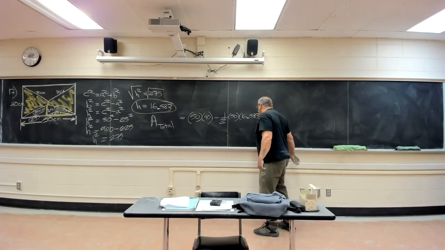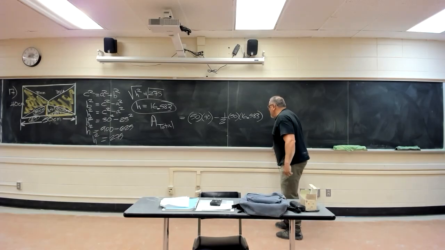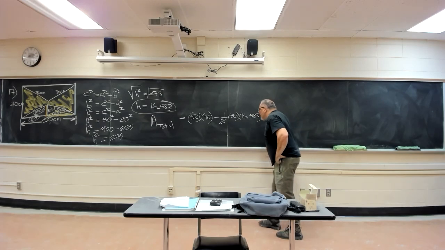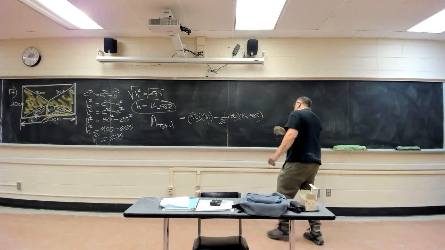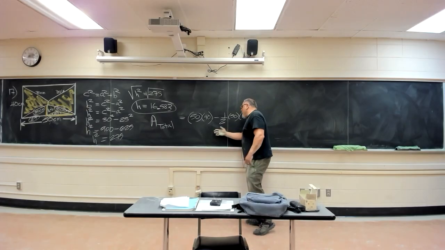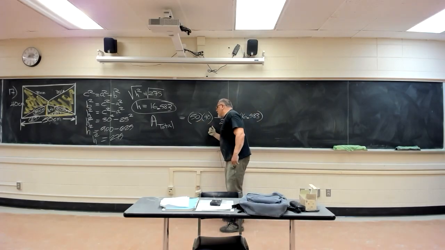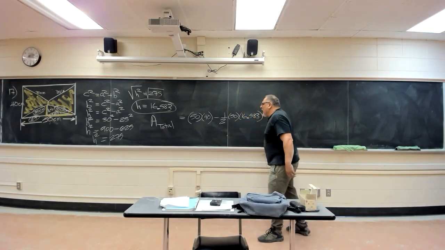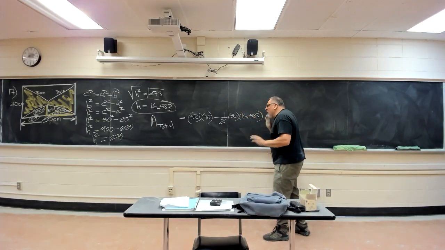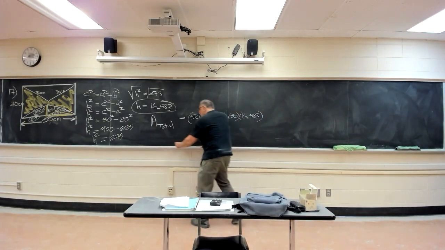It'd be 1658.3. Half of that would be 829.15. Then half of 829.15 is about 415. It's about 415 subtracted from 2,000, which is about 1,585, somewhere in that vicinity when we actually do it.